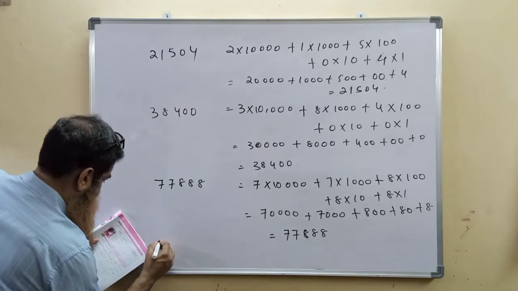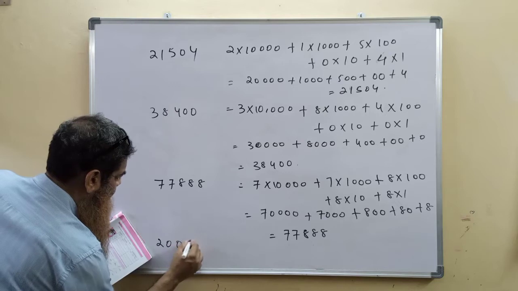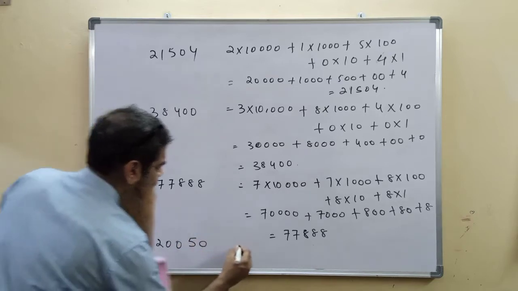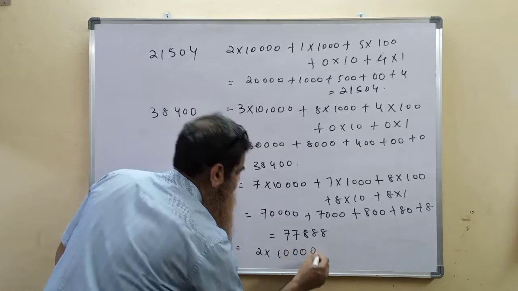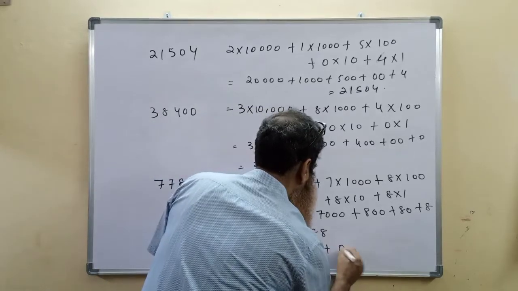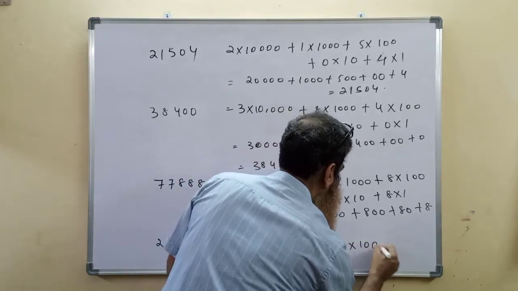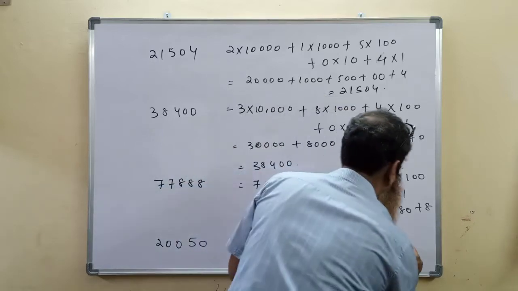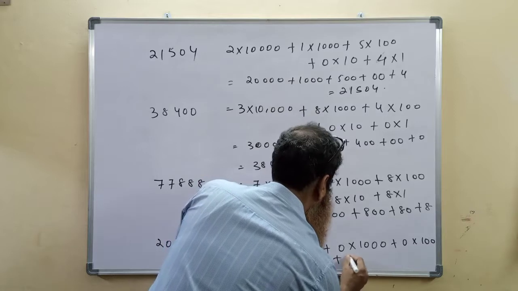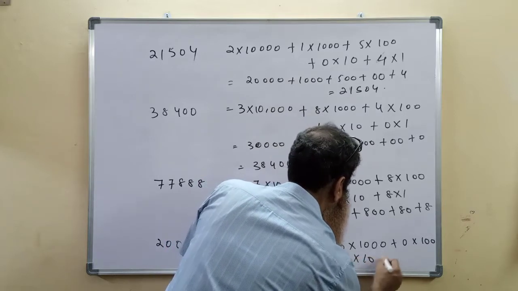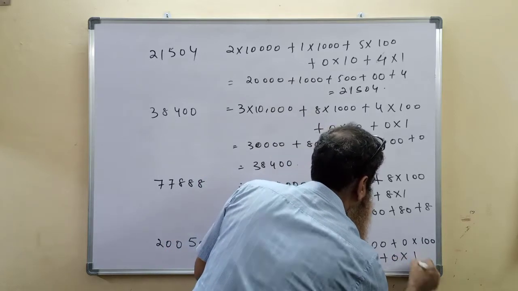The next one in the series is 20,050. We have 2 into 10,000 plus 0 into 1,000 plus 0 into 100 plus 5 into 10 plus 0 into 1.